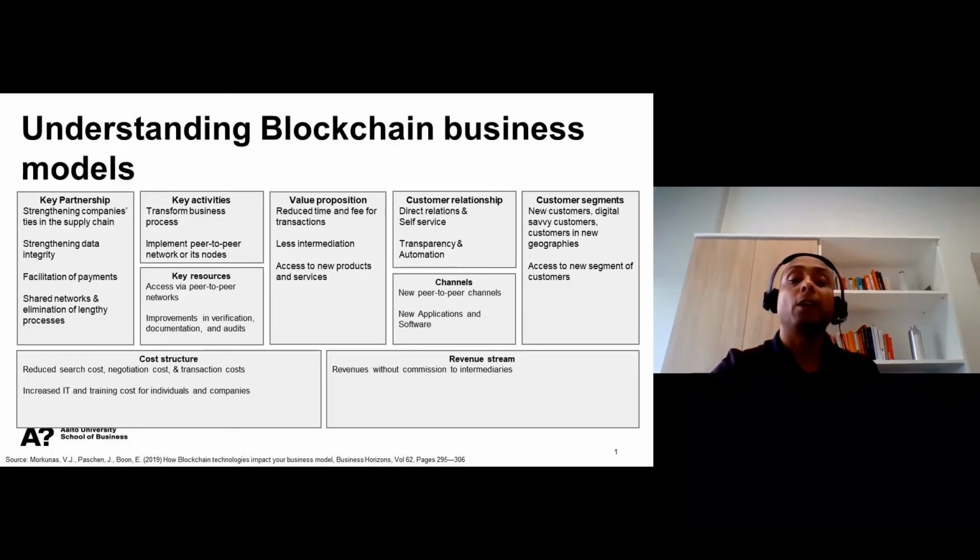The fifth element, customer relationship, focuses on how the focal firm implementing blockchain or digital ledger technology can manage their customer relationships. Again, blockchain technology facilitates the deployment of automated, transparent, direct relationships and self-services, as have been already highlighted. The sixth element, channels, focuses on what delivery channels the focal firm implementing blockchain or digital ledger technologies can provide to their customers.